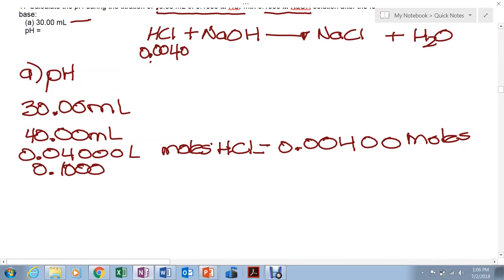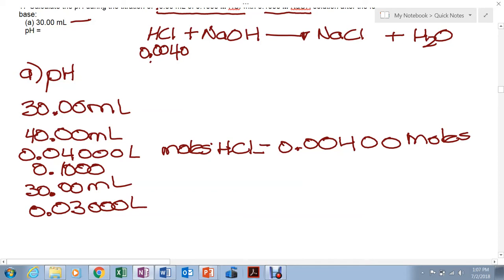Okay, now let's go ahead and calculate the number of moles of NaOH that we added, and I'll tell you why. Because remember, the NaOH that we add is going to react with the HCl present to form NaCl. So if you got 30 milliliters of NaOH, that is going to be 0.03 liters.